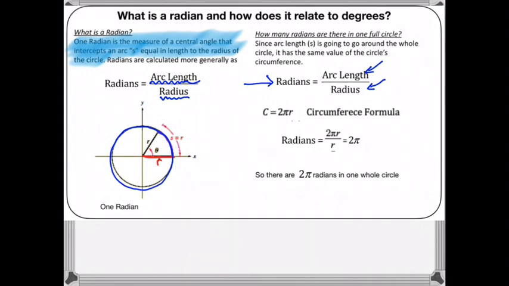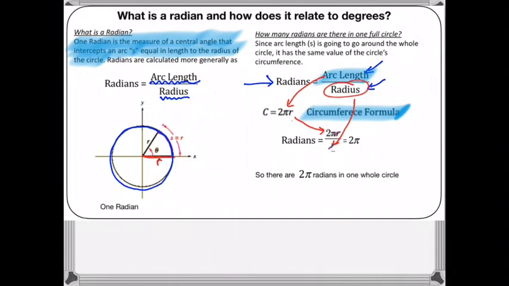We're looking for one full turnaround of the circle. How many radians are there in one circle? The arc length is the same as the circumference, so we take the circumference formula and put it in right there. Then we divide by the radius r, and the r's cancel out.